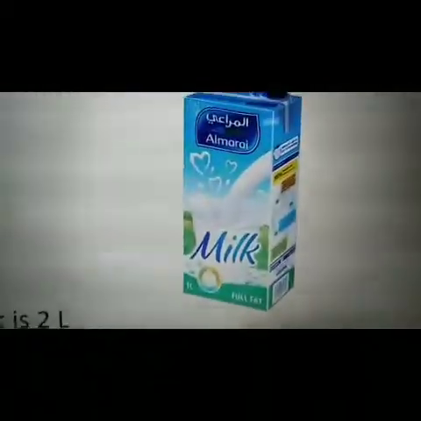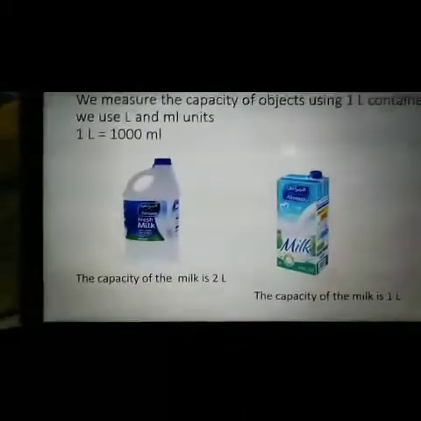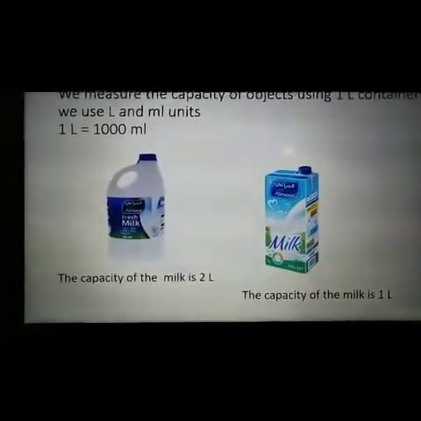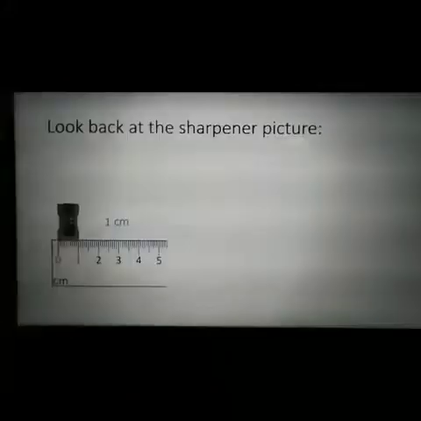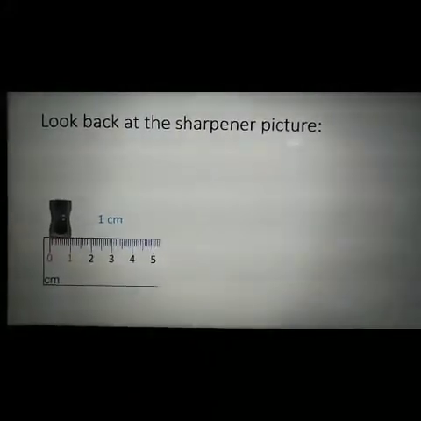This is the number that shows the capacity of the milk. It's written here 2L. As you know, 2L means 2 liters. In the second milk container, the capacity equals 1L, and 1L means 1 liter. So we say that the capacity of the milk is 2 liters and the capacity of the other milk is 1 liter.